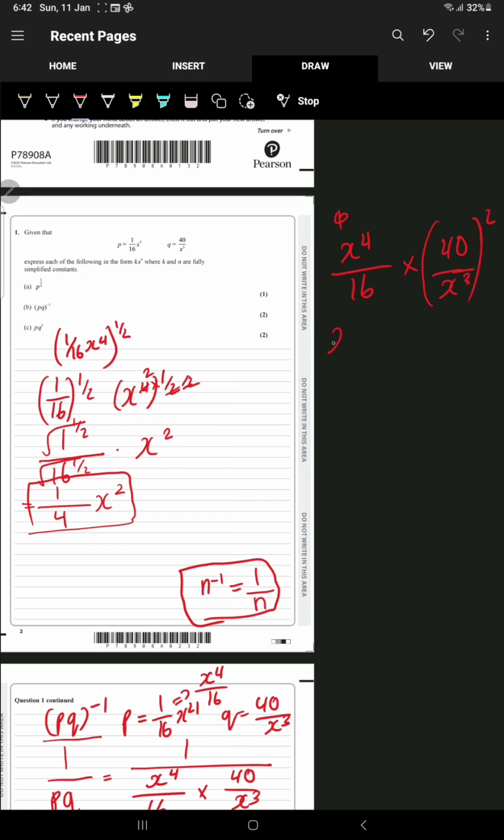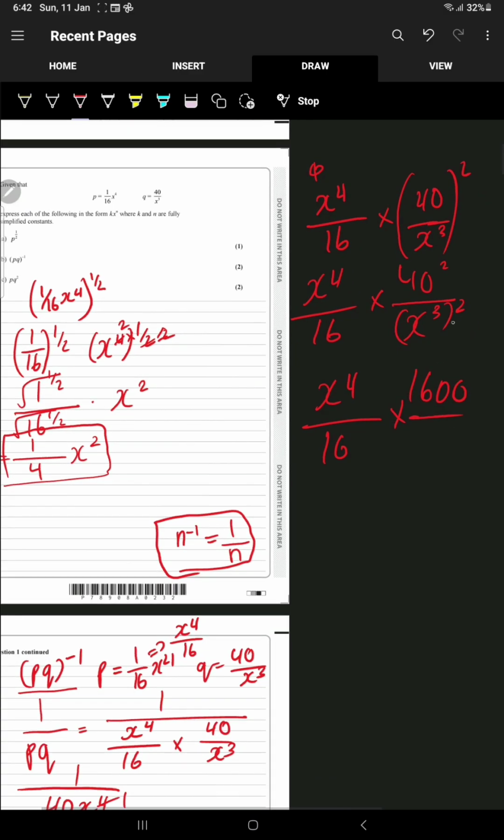Now this can be written as 40 squared over x to the power of 3 squared, and 40 squared is 1600.